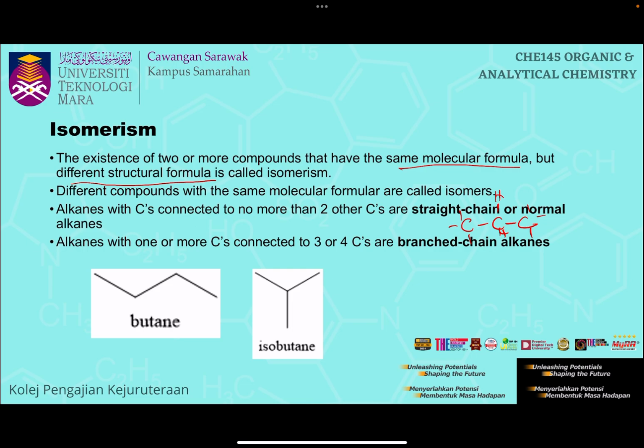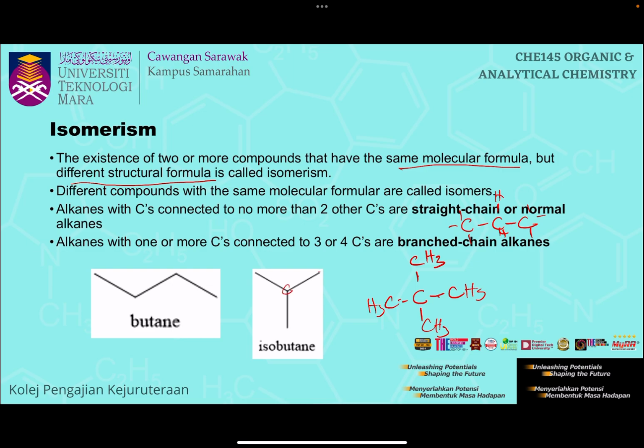But if it's connected to 3 or 4, then most of the time it is branched. It is a branched chain already. If you look at this, it'll be 1, 2, 3. So this one we consider a branch already. This is isobutane.